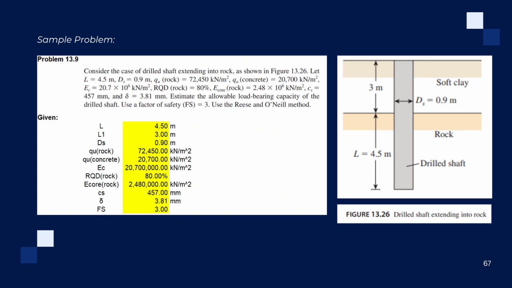Sample problem number 1. Consider the case of drill shaft extending into rock as shown. Let L 4.5 meter, L1 3 meter, DS 0.9 meter, QU rock 72,450 kN over M squared, QU concrete 20,700 kN over M squared, EC 20.7 times 10 to the power of 6 kN over M squared, RQD rock 80%, ECO rock 2.48 times 10 to the power of 6 kN over M squared, CS 457 mm and sigma 3.81 mm.